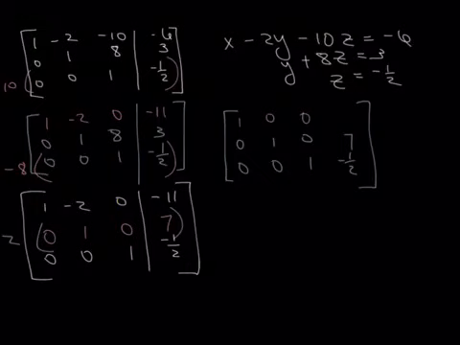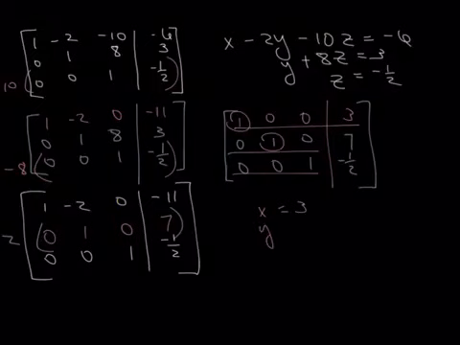Come on, give me a 3. Alright, so now I've changed all of my rows. So x equals 3, y equals 7, z equals -1/2.